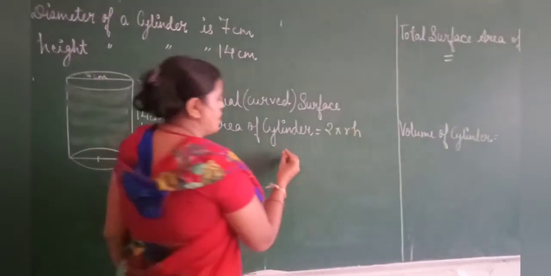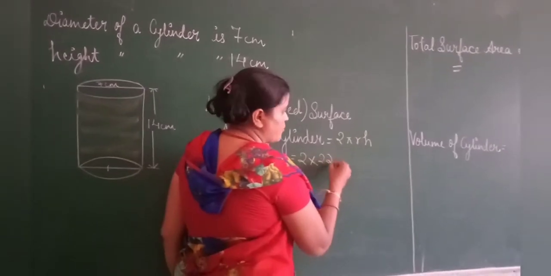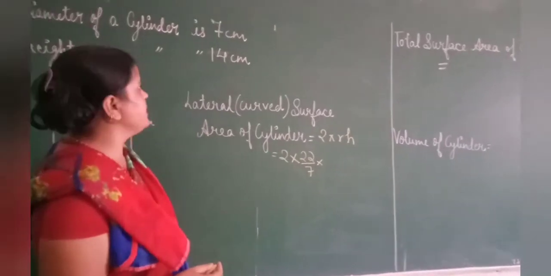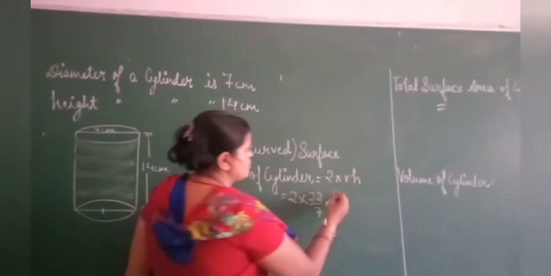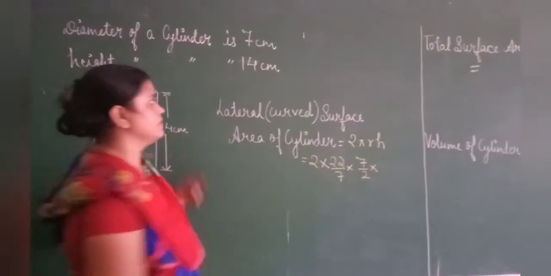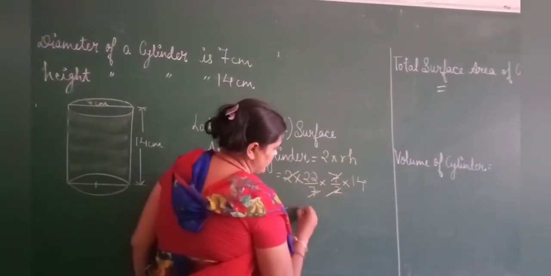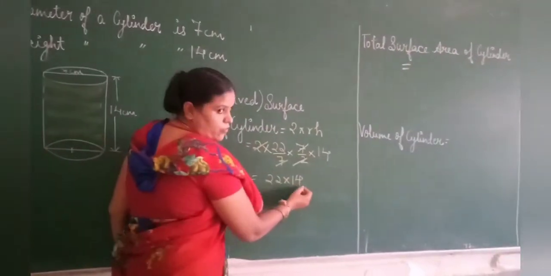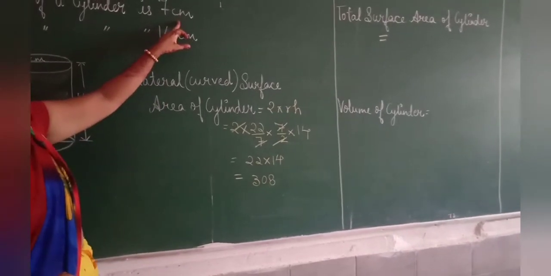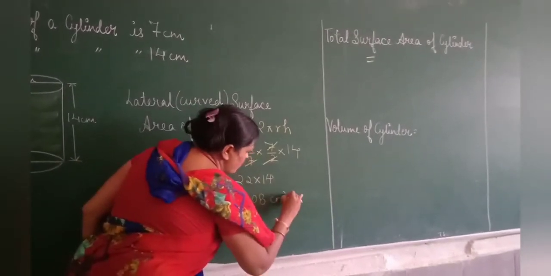Now put the values: 2 into pi, which is 22/7 or you can put 3.14, and the radius is half of the diameter, so 7/2, and the height is 14 centimeter. Now calculate this. 2 cancels out, 7 and 7 cancel out. Here we have 22 into 14, which is 308. It is area, so the unit will be centimeter square.